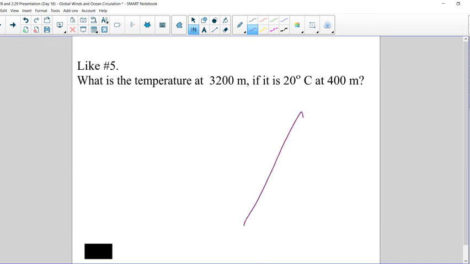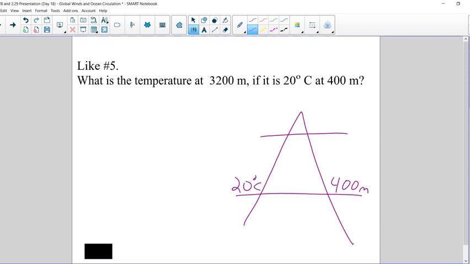I like to draw a little mountain, and then I'm going to label my elevations on one side and my temperatures on the other. So at 400 meters, here it is 20 degrees Celsius. And then I'm going to go up to 3,200 meters, and it's asking what's the temperature up here.